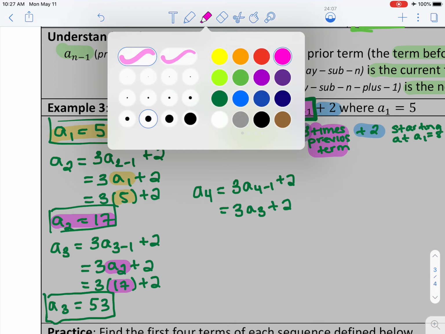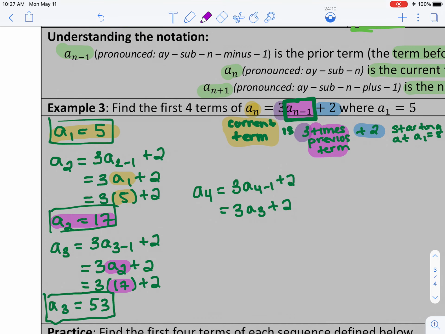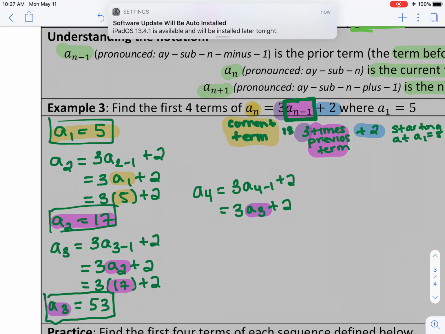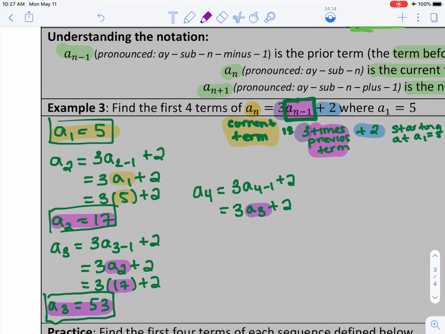And here again, we'll rely on the fact that we know a sub 3, right? A sub 3, we calculated that here. A sub 3 is equal to 53. So instead of writing 3 times a sub 3, we're going to write 3 times 53 plus 2, and we find that a sub 4 is equal to 161.